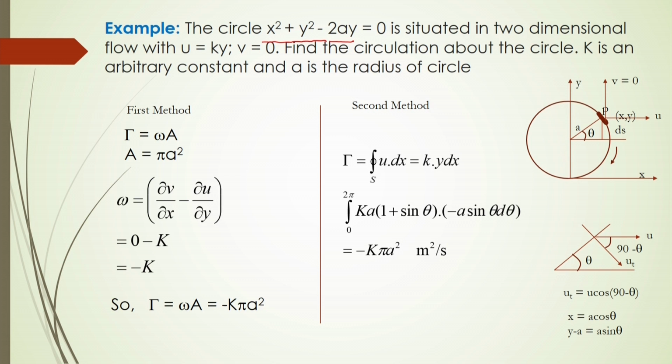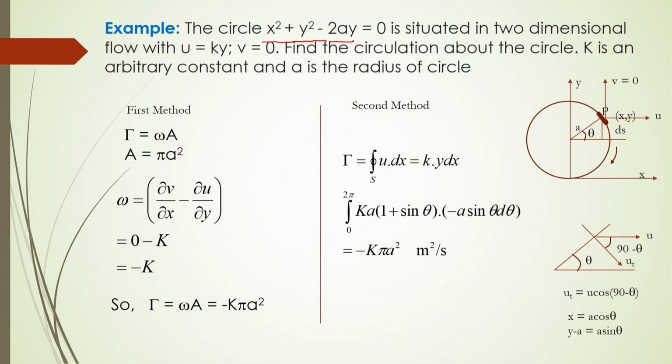Here k is an arbitrary constant. What should be the circulation about the circle?